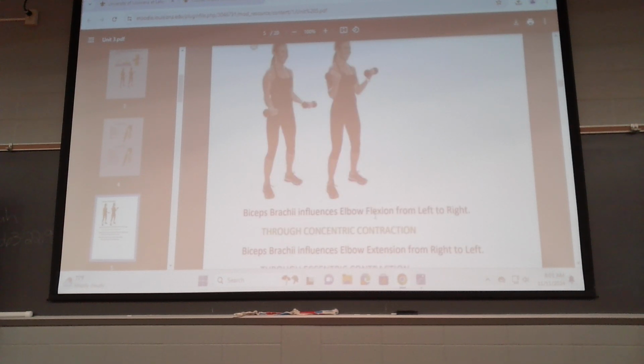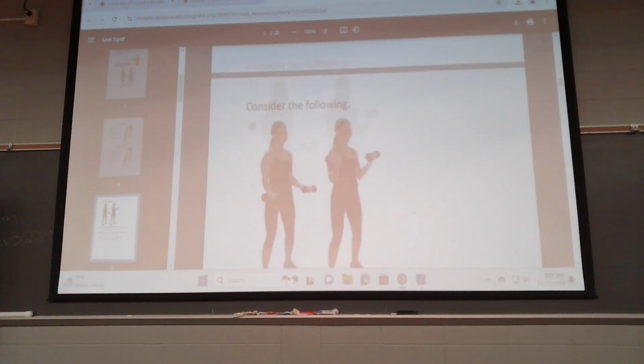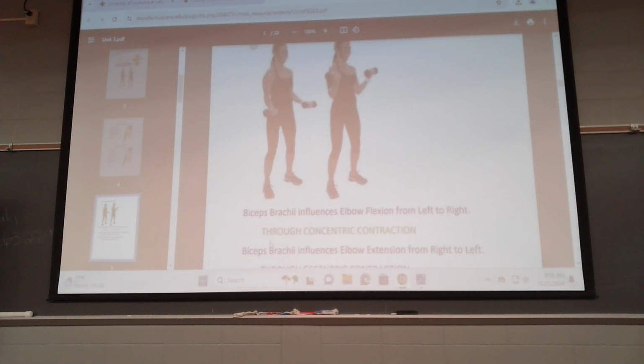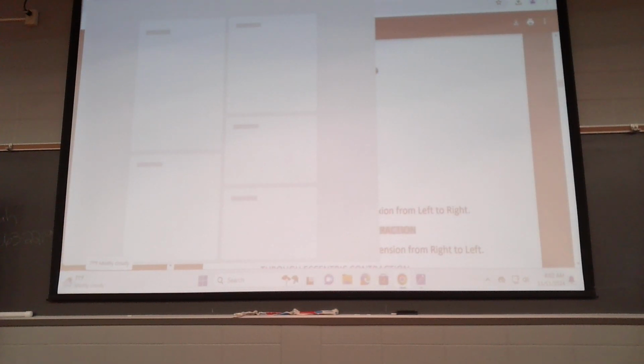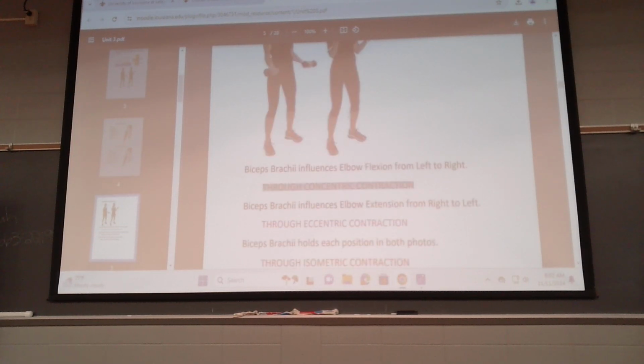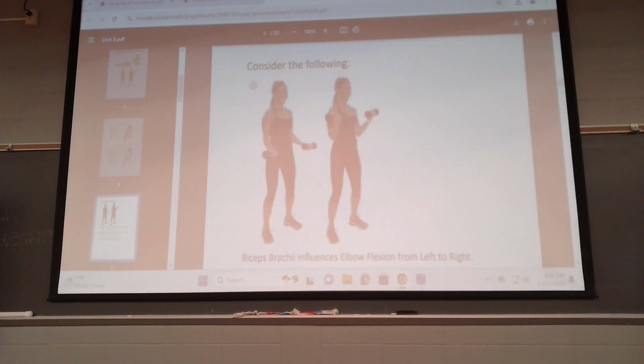Biceps influences elbow flexion from left to right. From left to right, we're working the bicep through concentric contraction, shortening while trying to shorten, while resting tone. The biceps breakout also influences elbow extension from right to left through eccentric contraction.